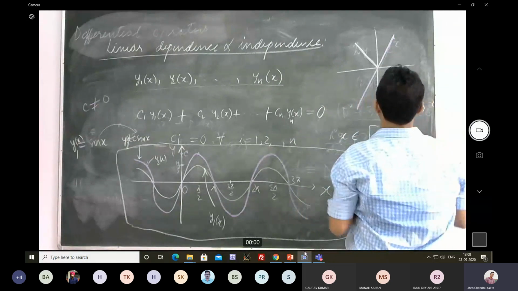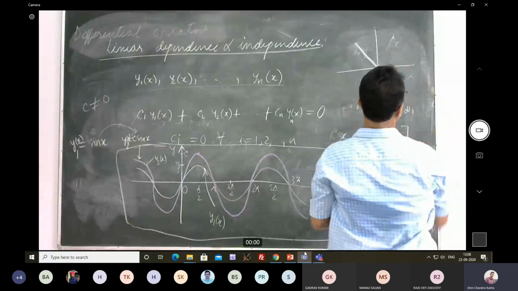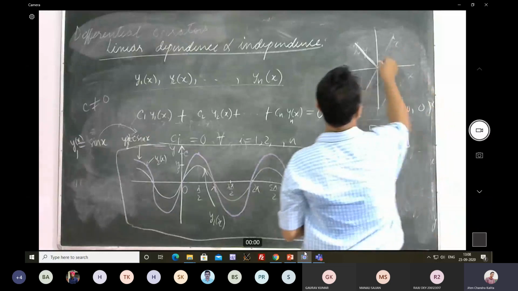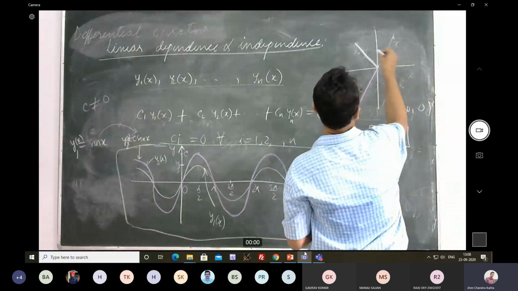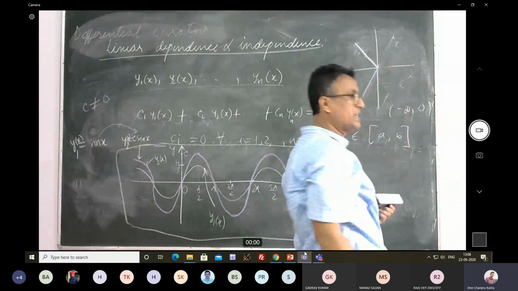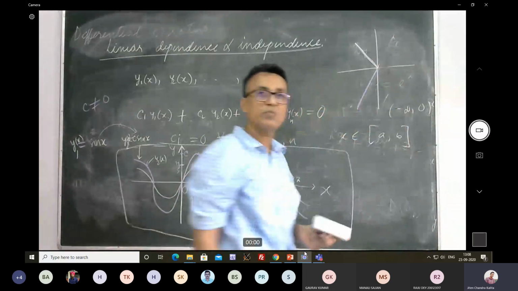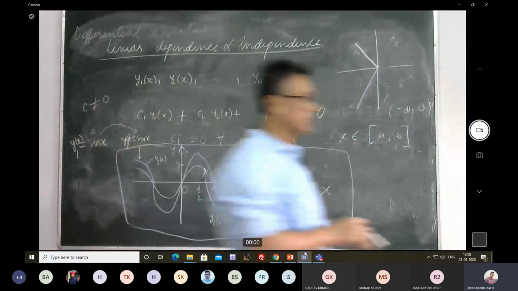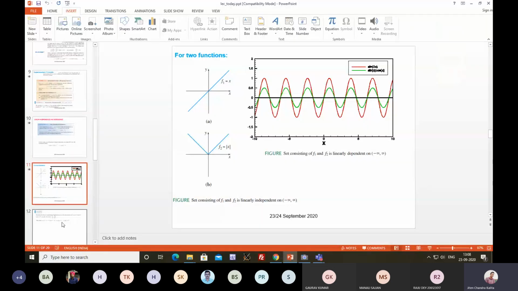Now had I curtailed it to simply negative infinity to 0, the situation would have looked like this. Then you can see that this can be obtained from this simply by multiplying the value of the function by negative 1. So they are going to be linearly dependent. I have some more interesting questions here.